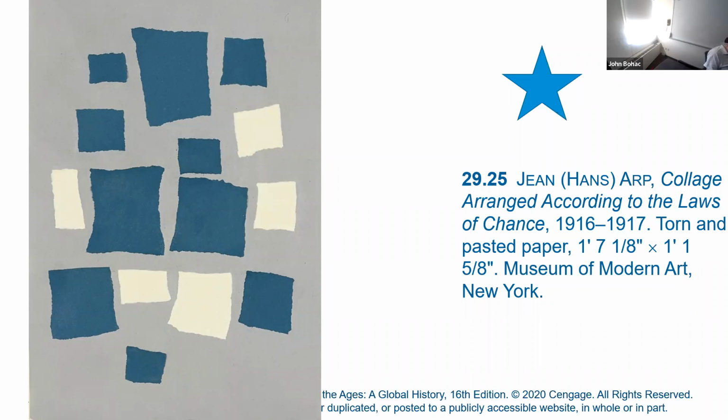And I gotta say that over time, those ideas of the Dada artists kind of found their way into the mainstream. And so you see this squares arranged according to the laws of chance. We actually see it come out in all kinds of ways.